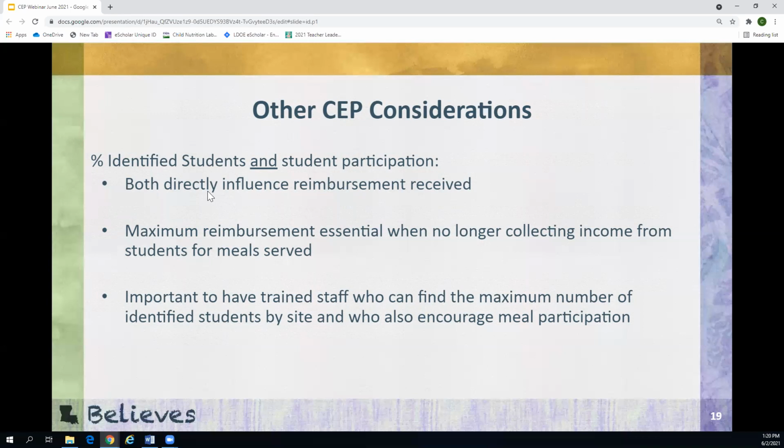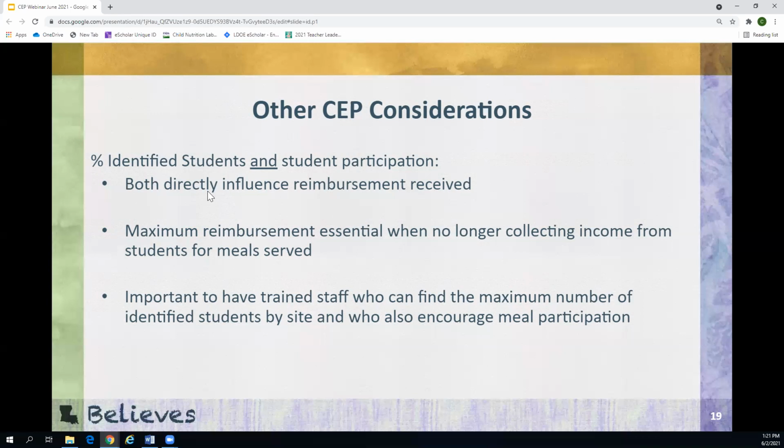So we often see that a system may think that CEP is a financially viable option because the reimbursement often appears to be higher than what they're receiving in prior years, but they have to also remember that you're no longer going to be receiving the paid reimbursement from those households who are paying. So once you look at that figure, sometimes the total is not quite as financially feasible as thought.